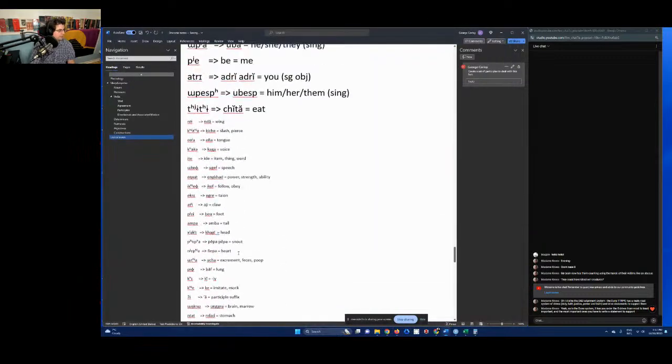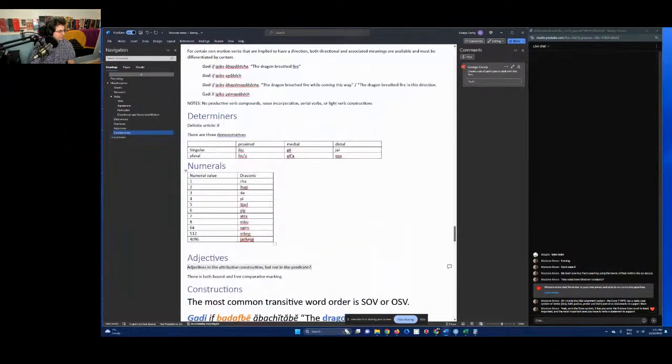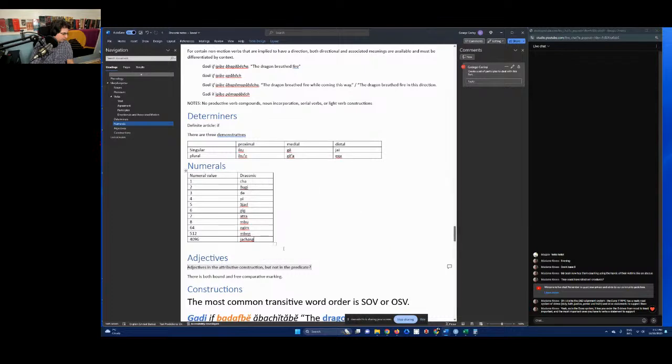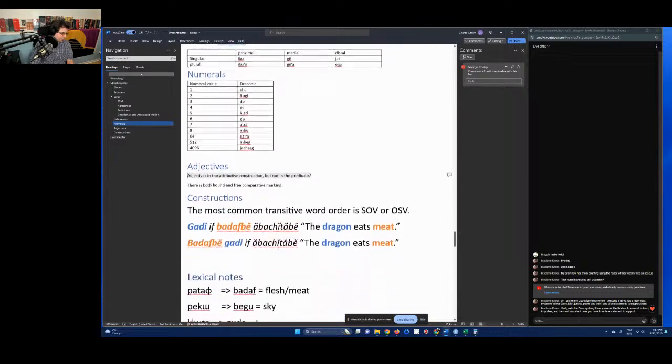Okay. So we have our basic numbers. The question we have now is, when we get into more complex numbers, how are they constructed?